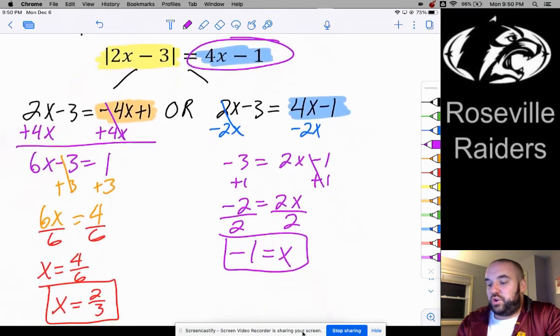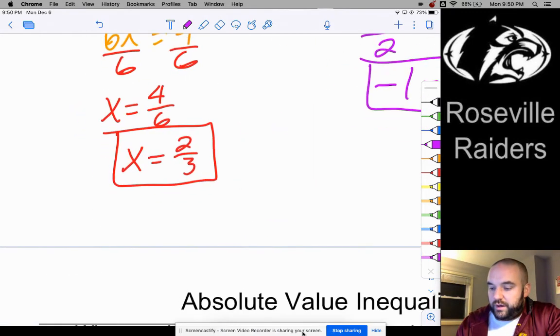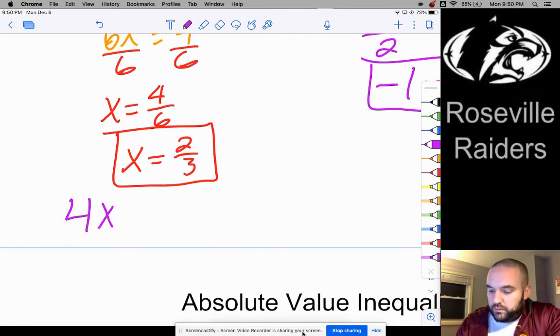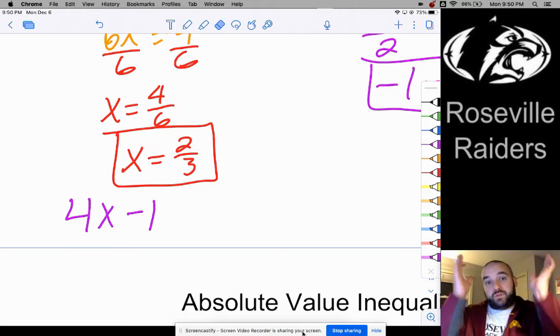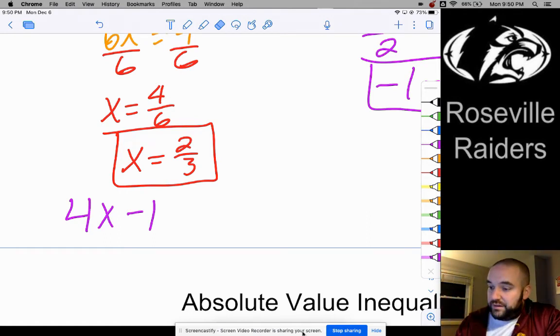We need to make sure that of our two solutions, when I plug in 2/3 or when I plug in -1, the quantity 4x minus 1 is positive, because I can't have absolute value of something equal a negative number. So we need to replace this x with 2/3 and make sure it's equal to a positive number.